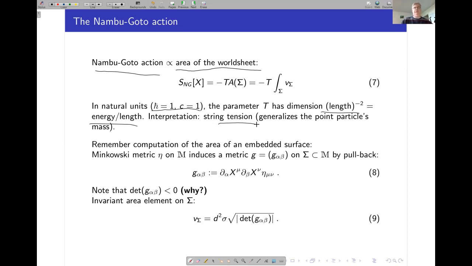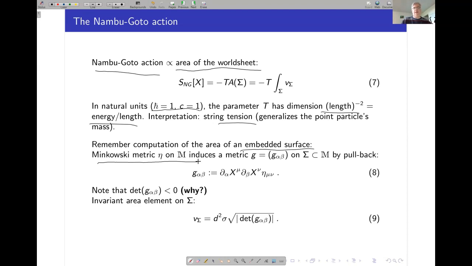But now we need to remember or to learn how we measure the area of the world sheet. And the world sheet is an embedded surface. It is a surface which we have embedded into Minkowski space-time. And therefore, we can measure area on the surface by using the Minkowski metric on Minkowski space.